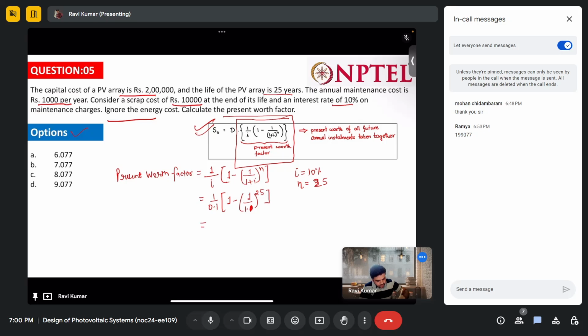And if we do the calculation, 1 divided by 1.1 to the power 25, 1 minus that.